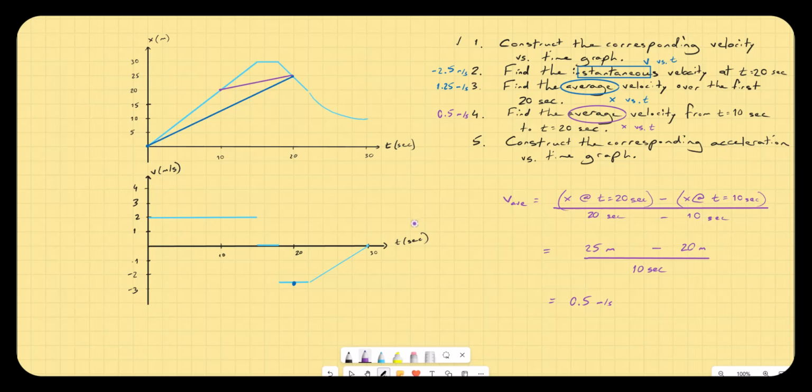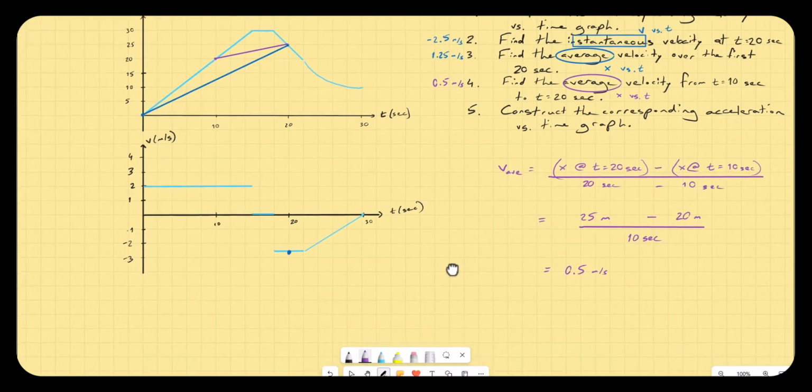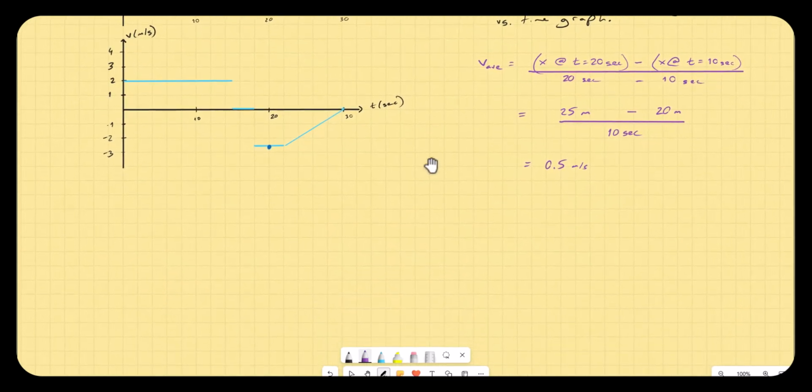And then the last one, constructing the corresponding acceleration versus time graph. So I'm going to have, again, my same axes. Time and acceleration. And I'm going to start doing some of these. For the first 15 seconds, I've got a flat line.